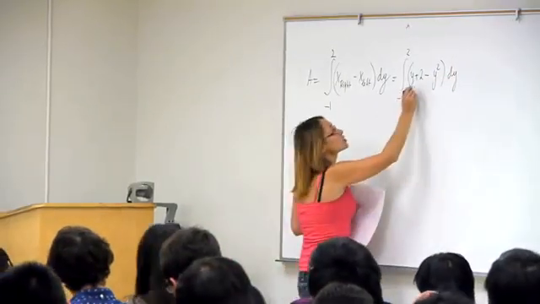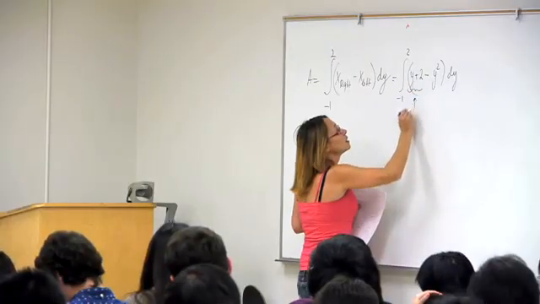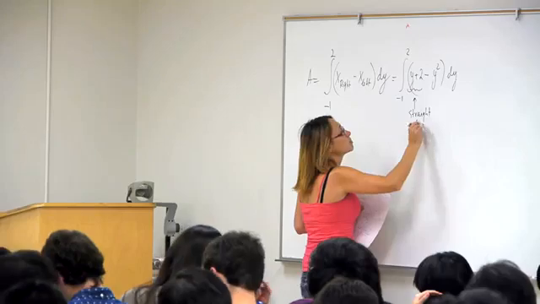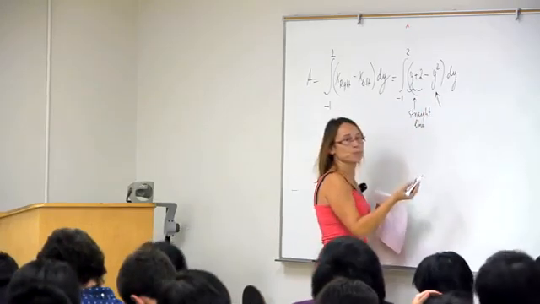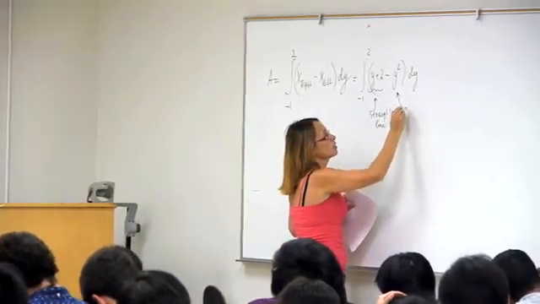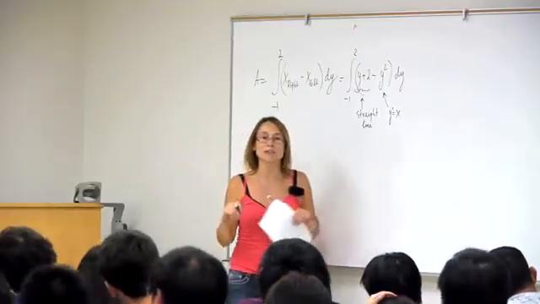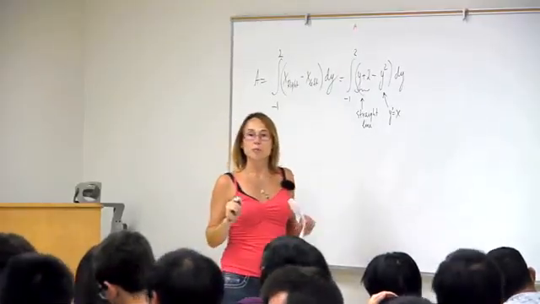So this is a straight line, and this is y squared equals x. I can call it a parabola, but it's a parabola that is lying on its side. Okay?